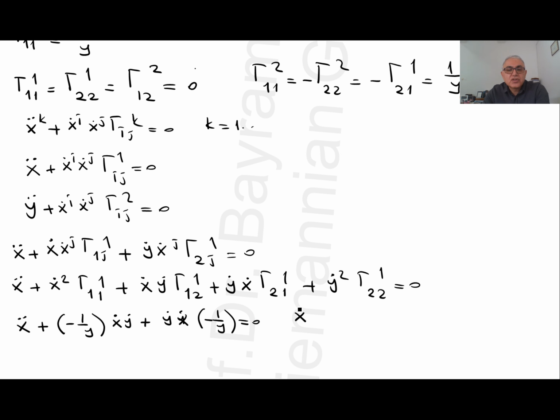So we have this equation: x'' − (2/y) x'y' = 0. This is a geodesic equation, the first one.